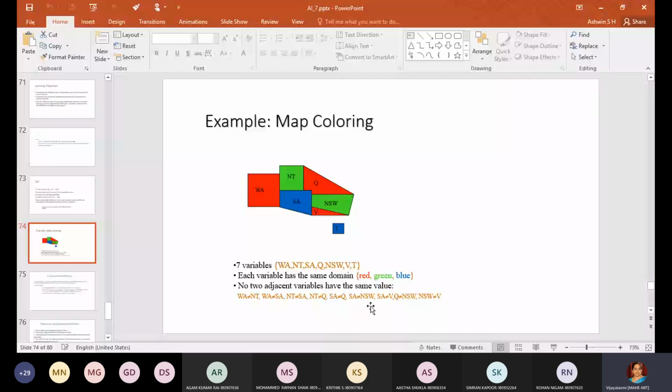You can list all the constraints and proceed. For the time being, I am not solving this problem. If I get time, I'll solve such map coloring problems in the future.